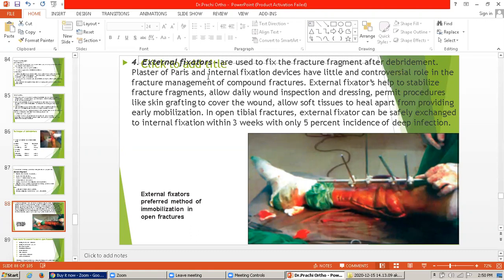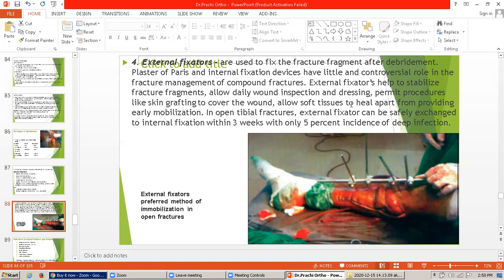Plaster of Paris, that is POP, and internal fixation devices have a little and controversial role in the management of compound fractures. An external fixator helps to stabilize the fracture fragments and allows daily wound inspection and dressing.